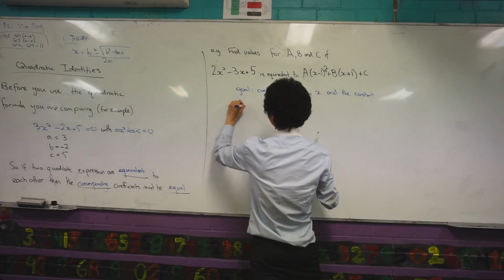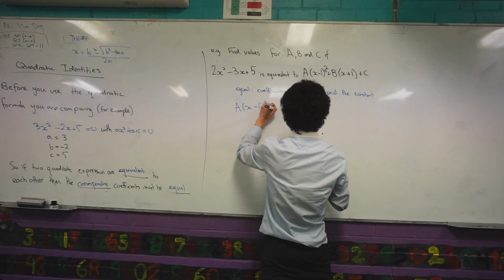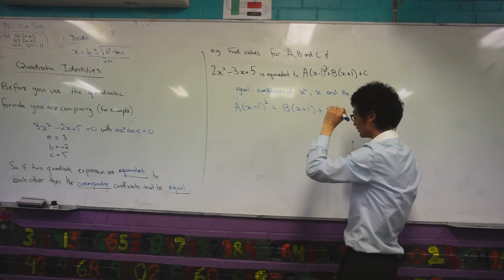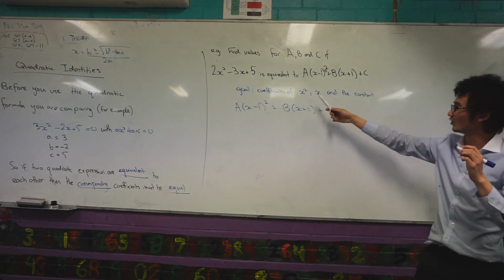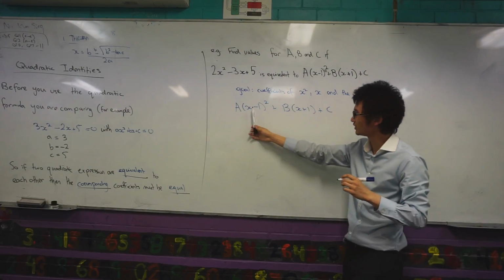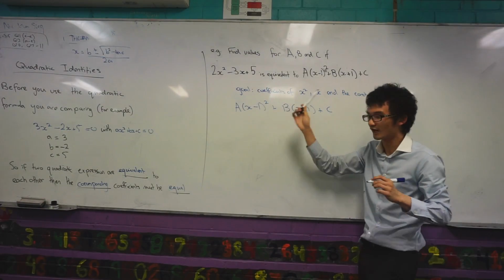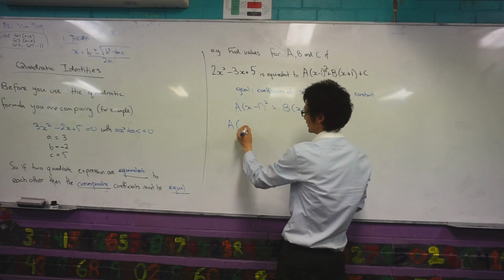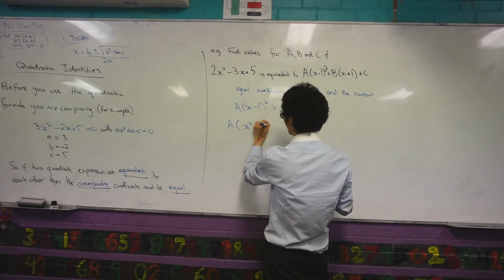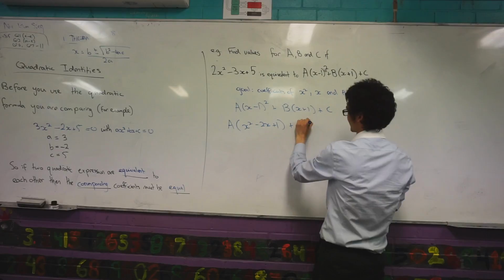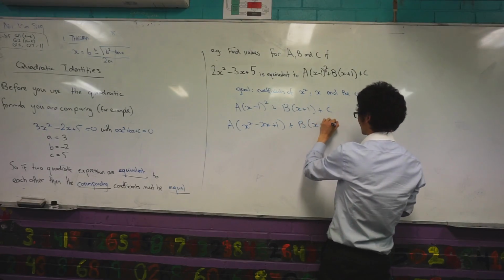I've got a outside of (x minus 1) all squared plus b outside of (x plus 1) plus c. Remember, I want to find the coefficients of x squared, x, and the constant. So what I can do is, I notice I have here a quadratic expression. I can actually expand this. Let's see what we get. So we get a outside of, for this bad boy out, x squared minus 2x plus 1, plus b outside of (x plus 1) plus c.